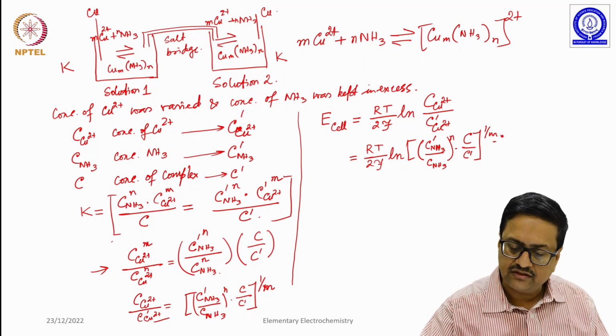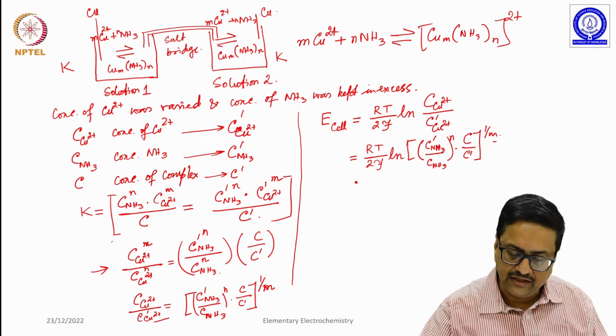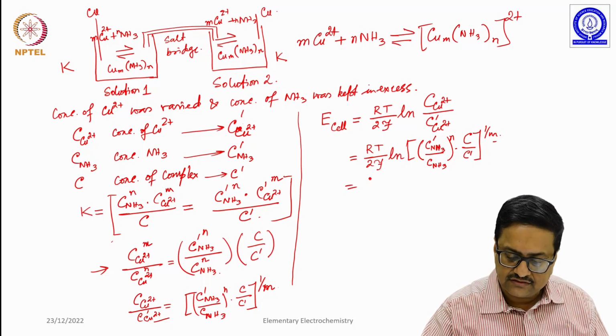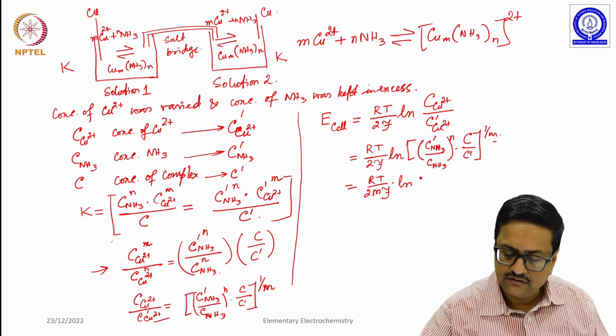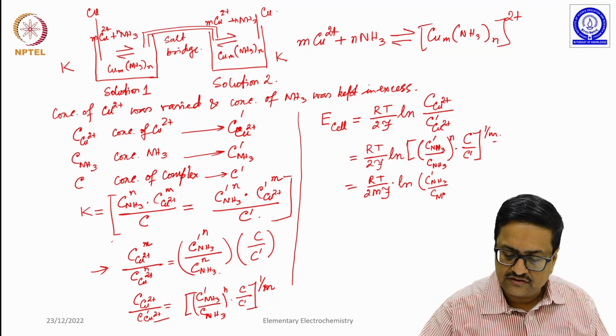So, now we can take this 1 by m out of ln by writing it as RT by 2mF ln C NH3 prime by C NH3 whole to the power n into C by C prime.